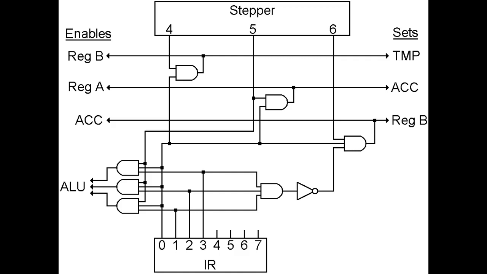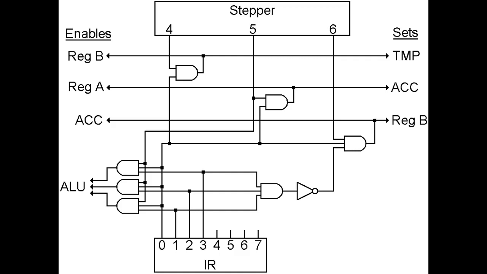Below that, you see other gates, and those are used to select the proper ALU operation. You can see on the right, those AND gates are sent to the ALU op signals. Their job is to make sure that if the current instruction is an ALU instruction, and we are on step 5, then the values of bits 1, 2, 3 of the IR are sent over to the ALU to select the proper operation.